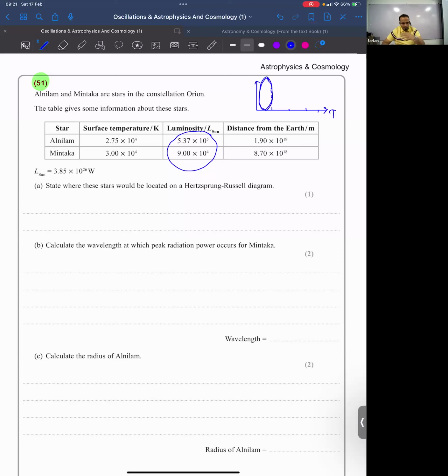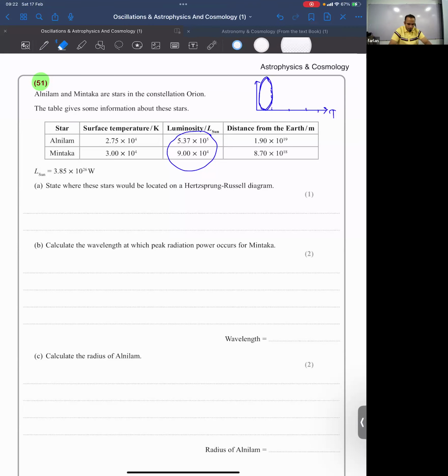I don't know whether the marking scheme has accepted it, but you can definitely say it's towards the top part of the left hand on the main sequence line. Okay.